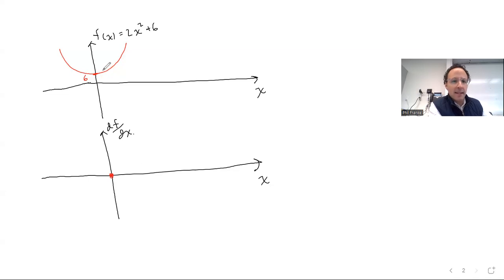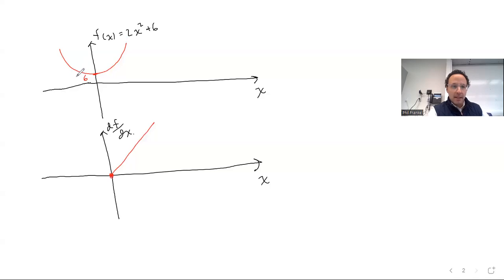It turns out that the slope of a parabola linearly increases as you go from left to right. So at greater and greater x values, the output of this function is quadratically increasing, but the slope of the function is just linearly increasing.